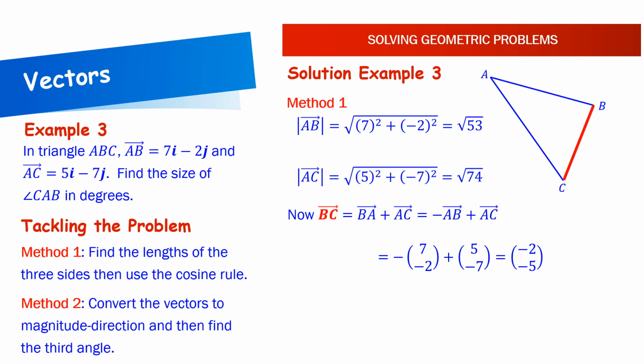Now the vector BC equals BA, and of course BA is minus AB, plus AC. And then adding the two vectors gives us that BC is equal to minus 2, minus 5.